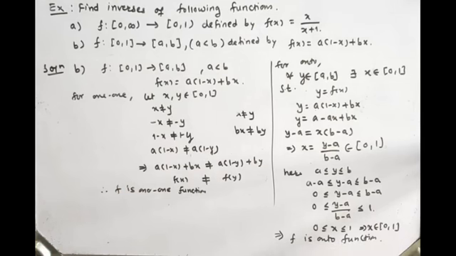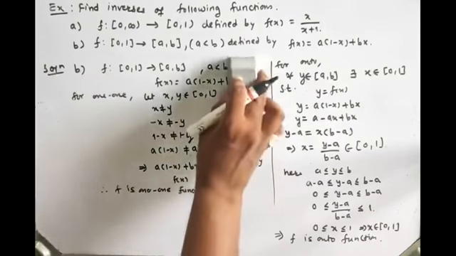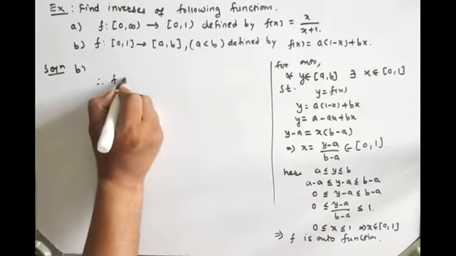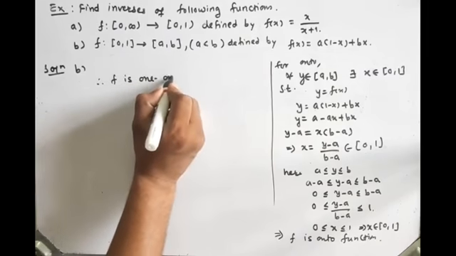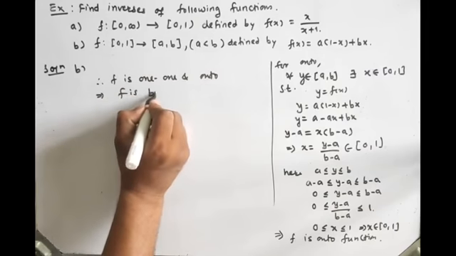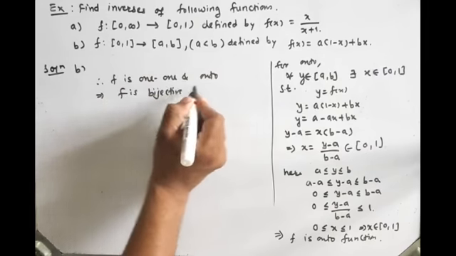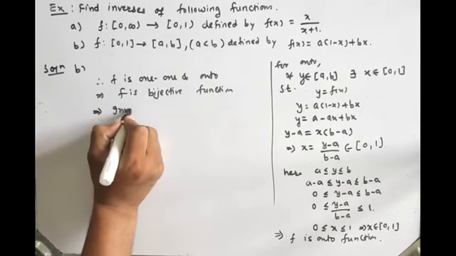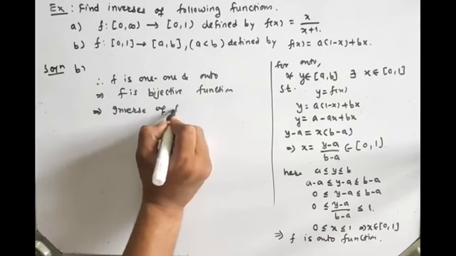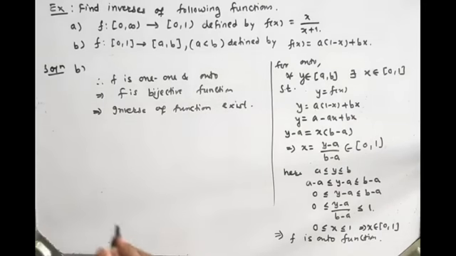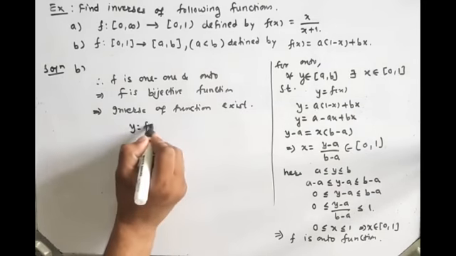Here the function is both one-one and onto, therefore the inverse of the function exists. Therefore f is one-one and onto, that implies f is a bijective function. If f is a bijective function, then the inverse of the function exists. So what will be the inverse? y is equal to f of x.